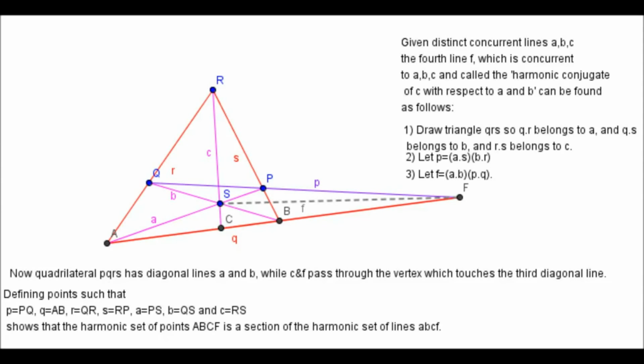And the main point here is that the harmonic set of points A, B, C, F is in fact just the section of our harmonic set of lines, little a, little b, little c, little f. And so this is a very important result, because it basically says that if you take a section of harmonic lines, you get a set of harmonic points.